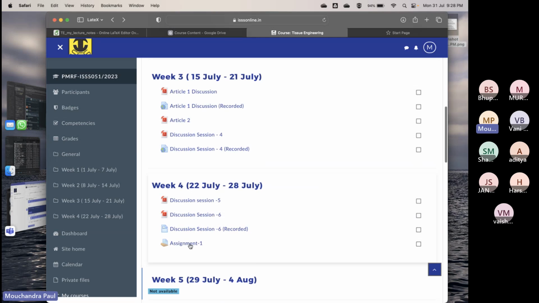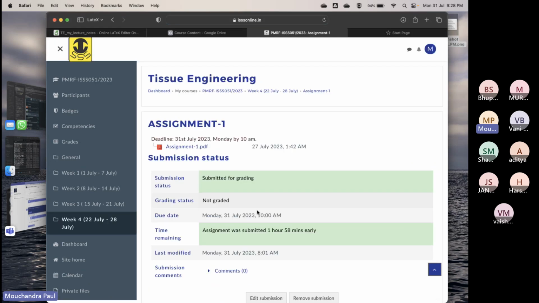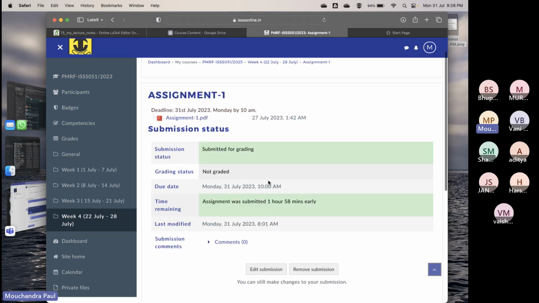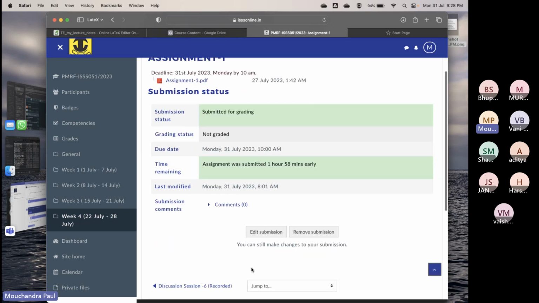So many of you were not able to upload the assignment. How are you going to do that? When you click the assignment, one option was coming, I think, that's add assignment.